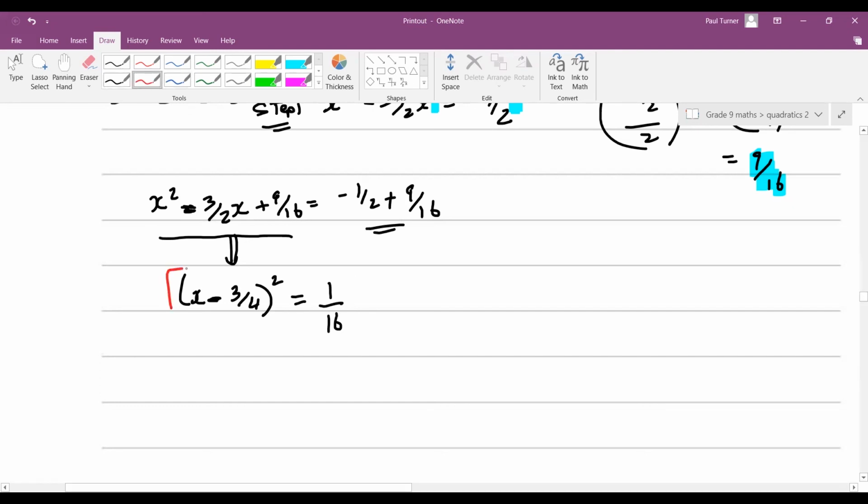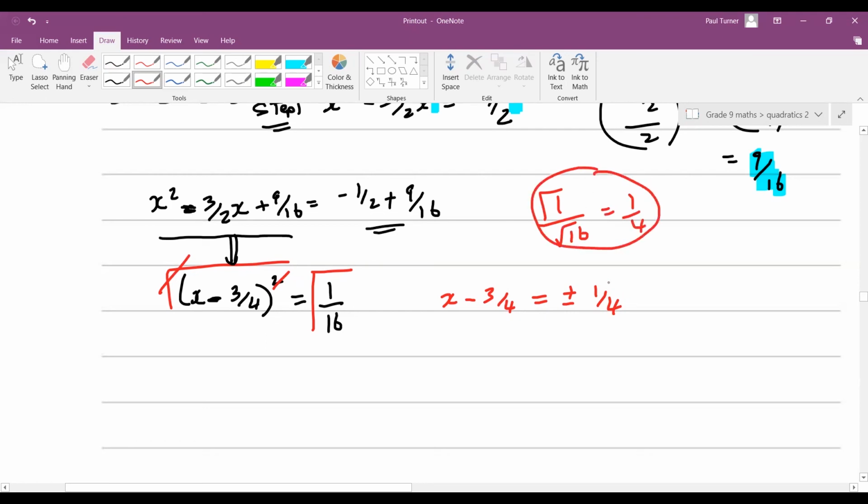Then we square root both sides like normal. We cancel the square. We end up with x minus 3 on 4 equals plus or minus 1/4. You've got root 1 on root 16, which is 1 on 4 there. And just don't forget your plus minus.